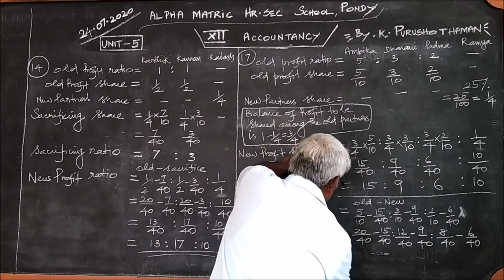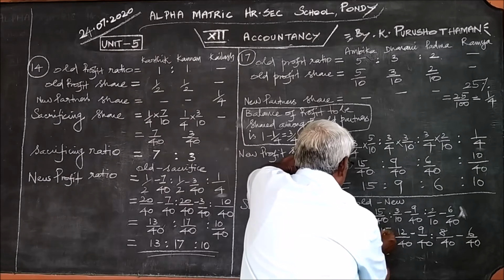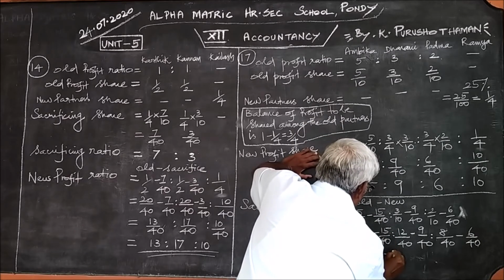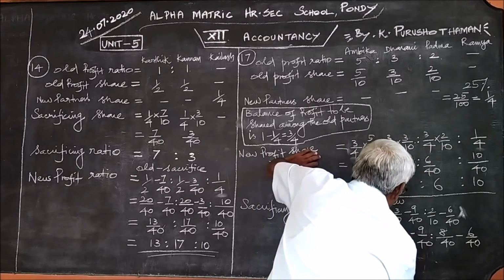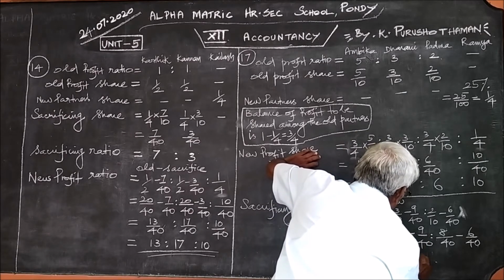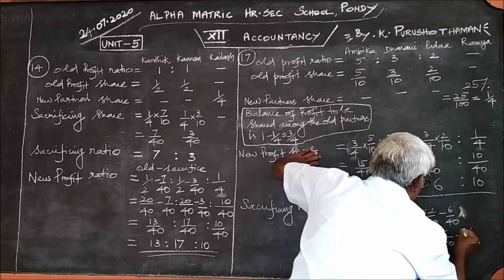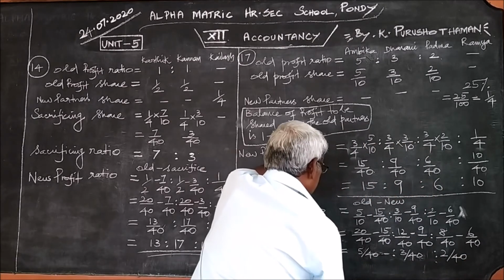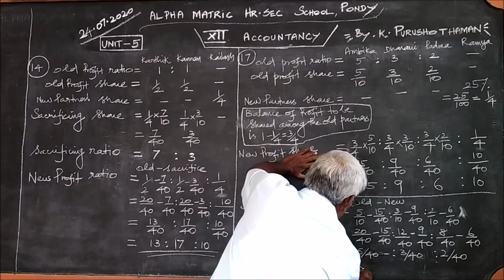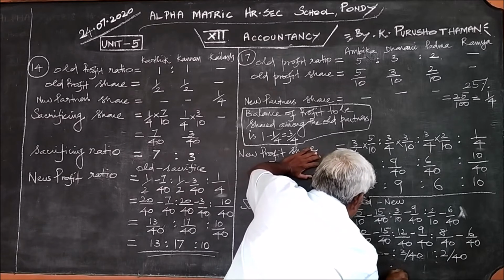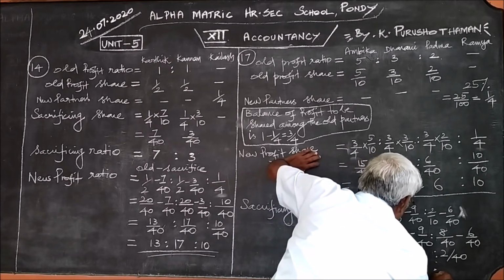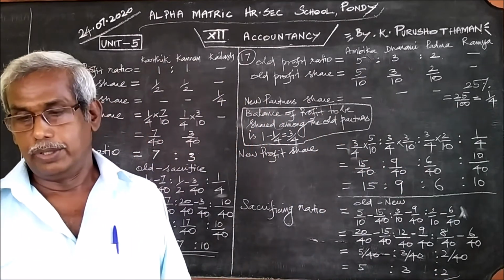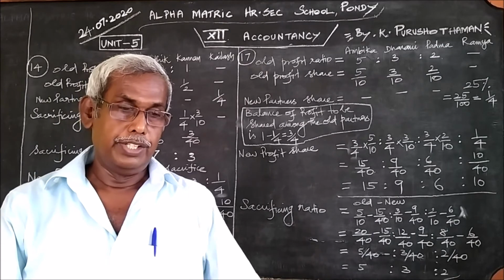Now you can simplify: 20 minus 15, 5 by 40. 12 minus 9, 3 by 40. 8 minus 6, 2 by 40. Here the denominators are equal, so we can write the ratio 5 is to 3 is to 2. This is the sacrificing ratio.